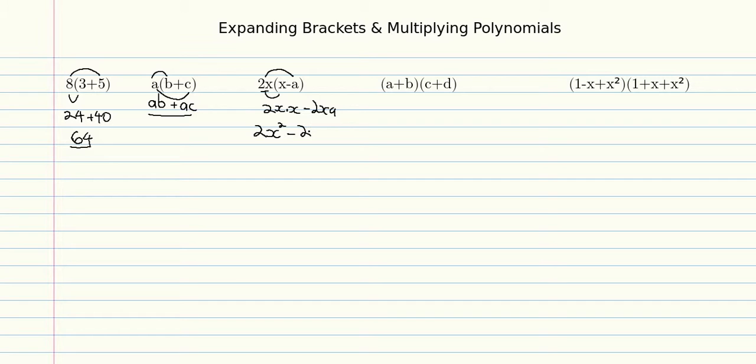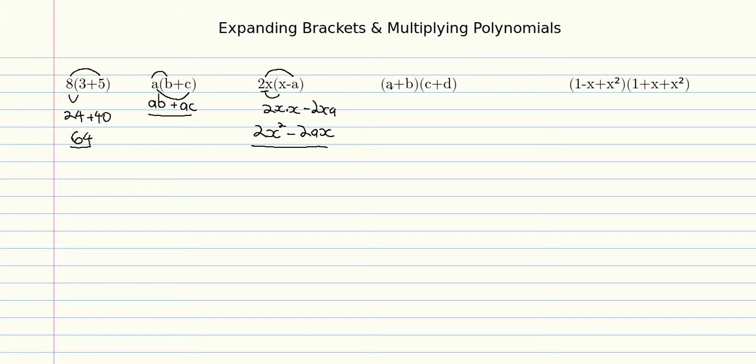Now, we could write x times a, but I guess the convention is to write a times x. It really doesn't matter, because x times a is the same as a times x, but it just makes it look a little nicer. So 2ax, and that's the answer there.